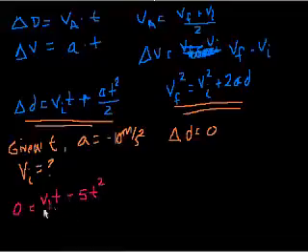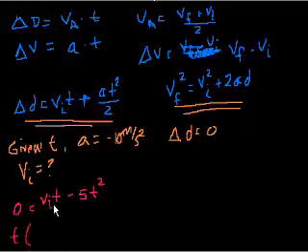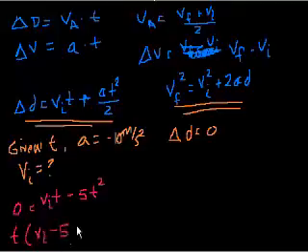So if we wanted to solve this equation for VI, what could we do? Well, this is pretty interesting because we could factor a t out, and what's cool about these physics equations is that everything we do has a real reasoning behind it in the real world. So let me flip the sides and factor out a t. I get t times (VI minus 5t) is equal to 0, right? All I did is I factored out a t. I didn't have to use a quadratic equation or factor it because there wasn't a constant term here.